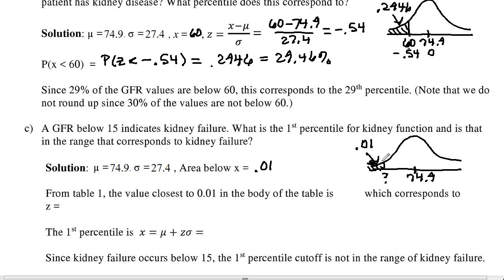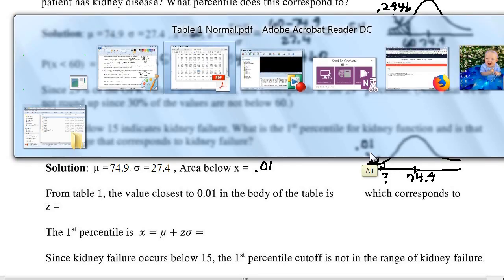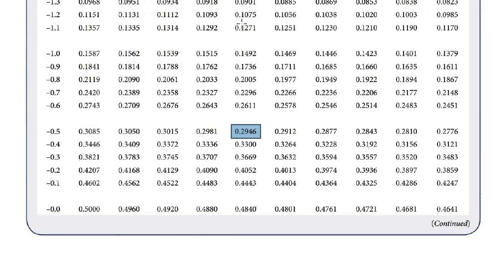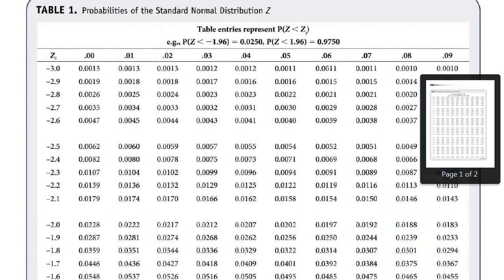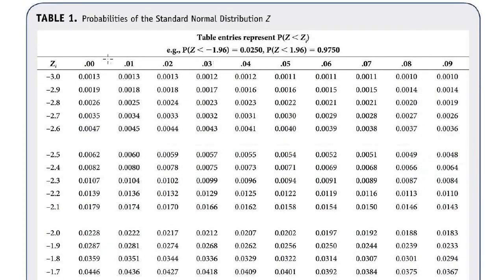Well, areas are what's given in the body of the table. So if we go back to that table, we want to find the closest number to 0.01 out here in the body of the table, and then we can go across and up here to find out what the tenths and hundredths places are.